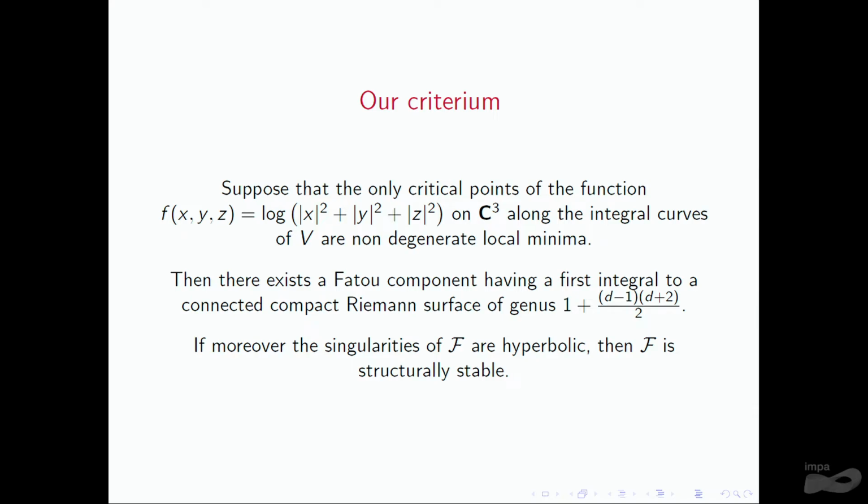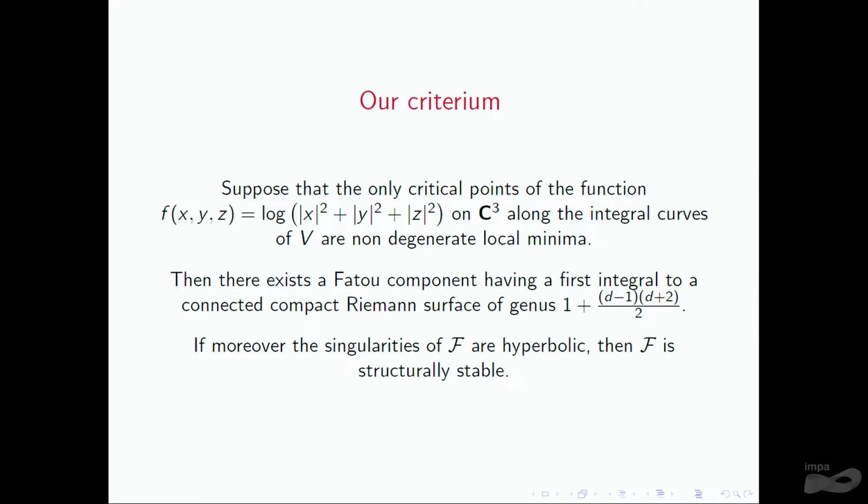The important thing is to consider the function which is essentially the Hermitian norm on C3. In fact, we take the logarithm because it will be better to define this gradient vector field. And our criterion is the following. If you consider the restriction of this function to the integral curves of the vector field V, you want that function to have only local minima as critical points, non-degenerate local minima.